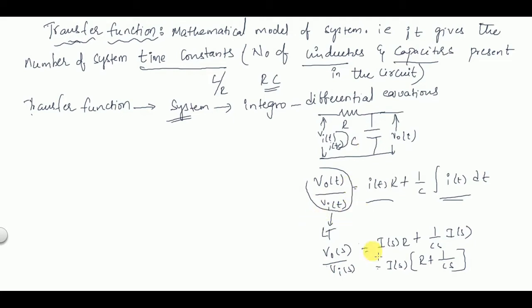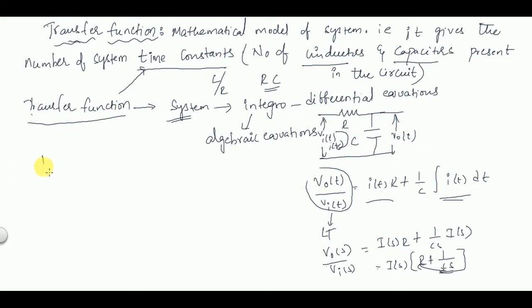This is not exact analysis, but as an example to show how integral differential equations are converted into algebraic equations. The RC combination is again converted into time constants, so it represents the number of time constants here. This is the relationship between transfer function and time constants, and how integral differential equations are converted into algebraic equations by using the Laplace transform. That is the transfer function concept.